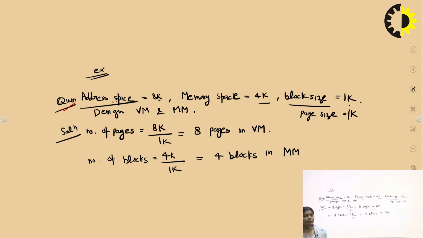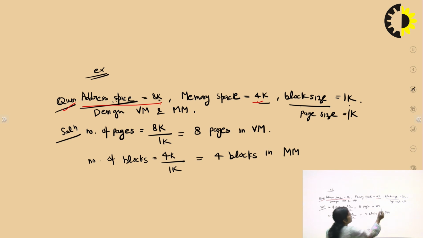Suppose that in a particular computer system, the address space is 8K. Address space means, in the virtual memory, the total number of addresses stored is 8K, and the memory space is given as 4K. Memory space means the total number of addresses in main memory. The block size is given as 1K.